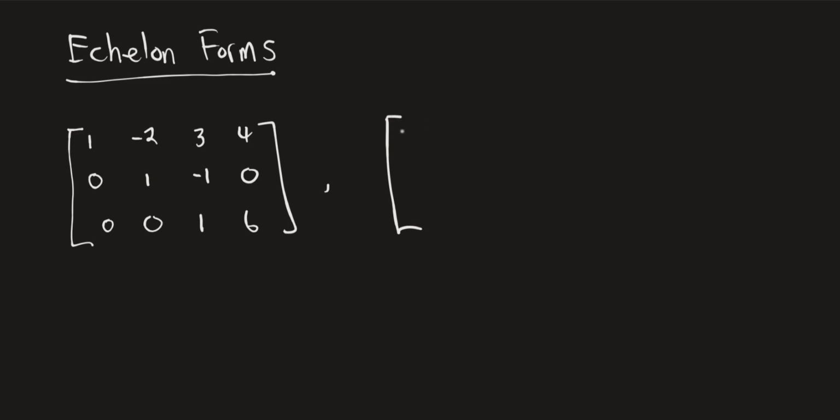And then let's say we have, now I'm not saying that these are equivalent systems by any means, I'm just writing down two general systems. This one we can tell what the solution is. It has a unique solution.